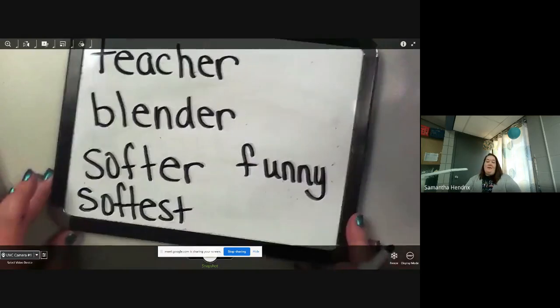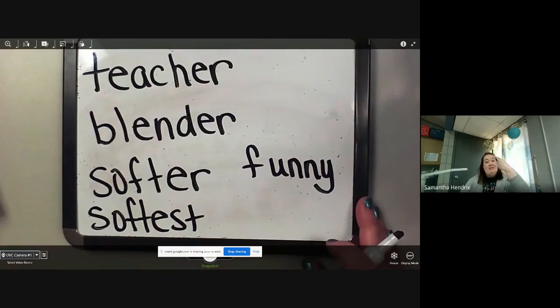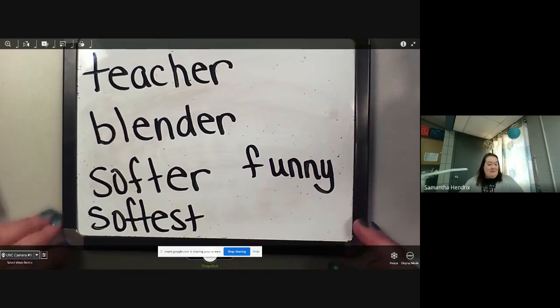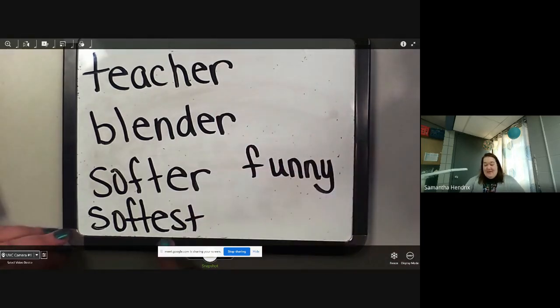Okay. Look at these words. All of these words have suffixes. Suffix is the end. Can you find them? What are they? Tell me. ER, ER, ER, EST, and Y.